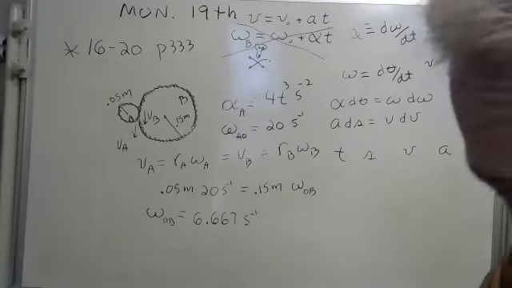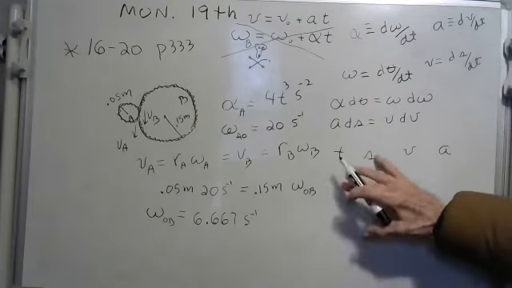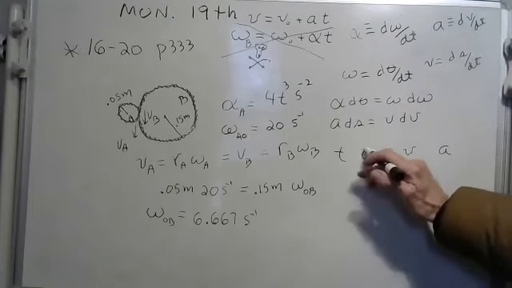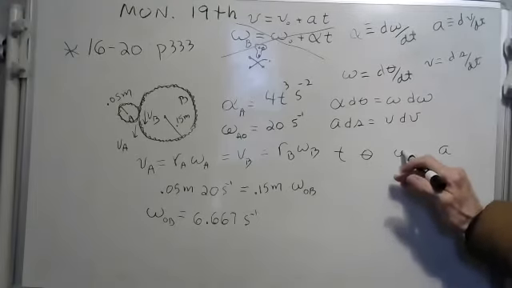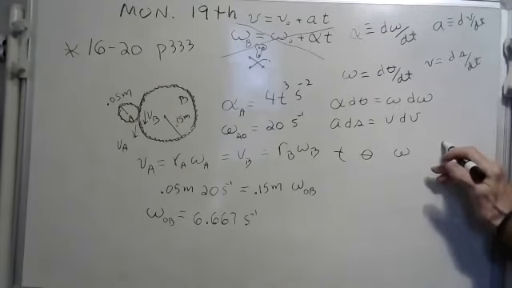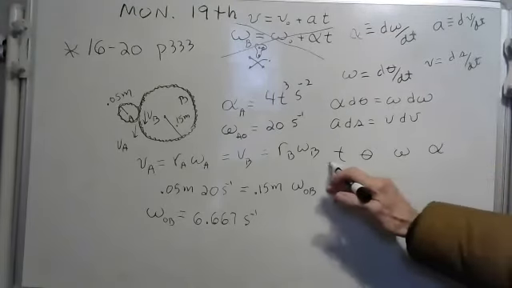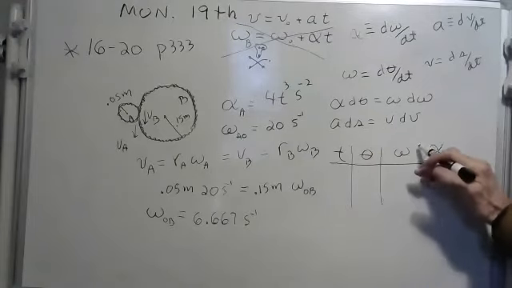I don't know if you guys remember doing that. But here, see, we don't have linear displacement, we have angular displacement. We don't have linear velocity, we have angular velocity. And we don't have linear acceleration, we have angular acceleration. And see, you can make a little table like that.